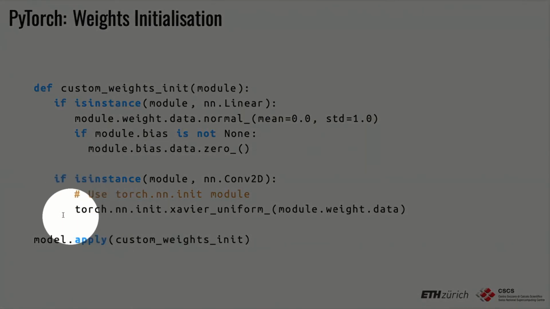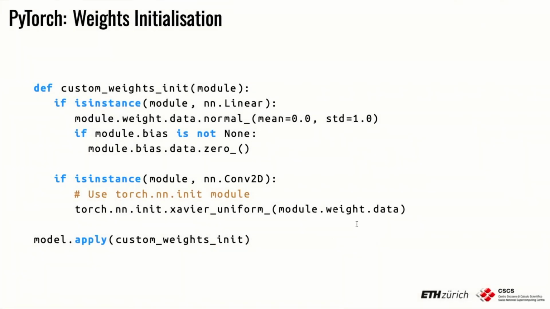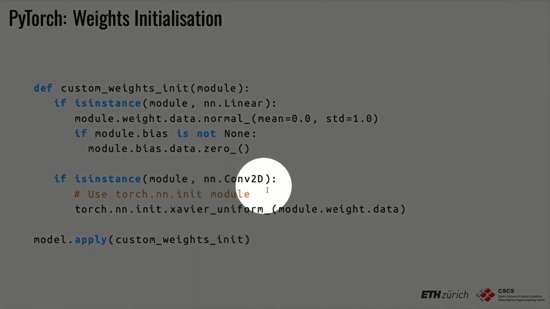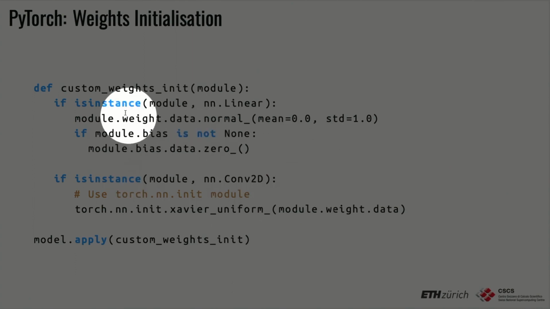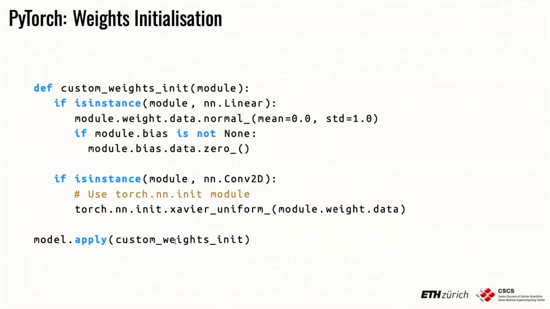So you see we don't have any output here, but then you pass the module.weight.data and it modifies the data in place and initializes it to this Xavier uniform distribution. And then once you have this function defined, you can actually apply it to the model. And after you apply it, the model will have the weights initialized according to the distributions that you defined there.